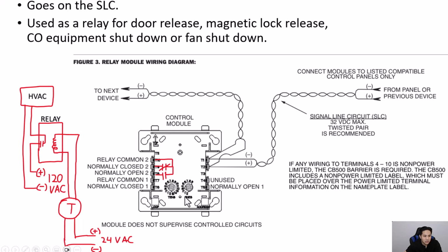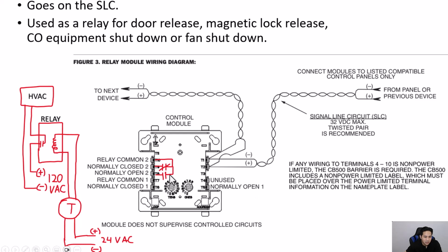So if you're using this control module to shut off the HVAC system, for example, if a duct smoke detector goes off, you have to initiate fan shutdown for that unit. The way it works is sometimes they can take this thermostat power and run it through this normally closed relay right here. In an alarm condition, this control module can be programmed from the panel.